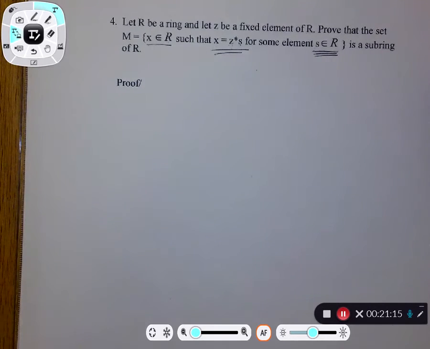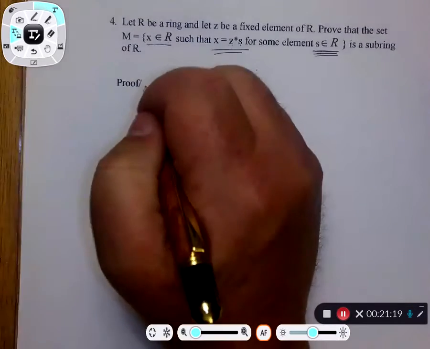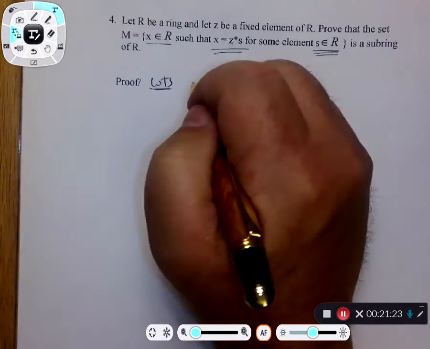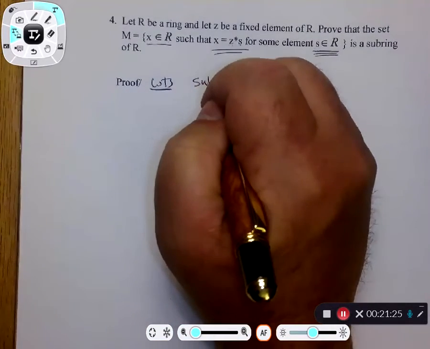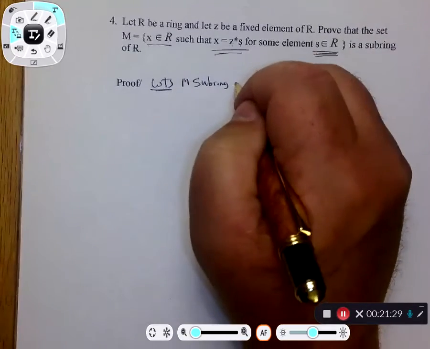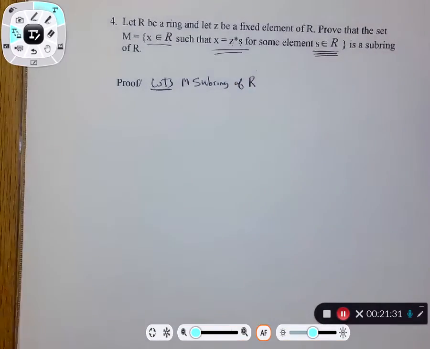So if I'm going to prove I have a subring, I'm going to quote my theorem. So WTS again, this is a scrap sheet of paper, I never get to see this. I want to show a subring. What I really want to show is M is a subring of R. How do I show M is a subring of R?